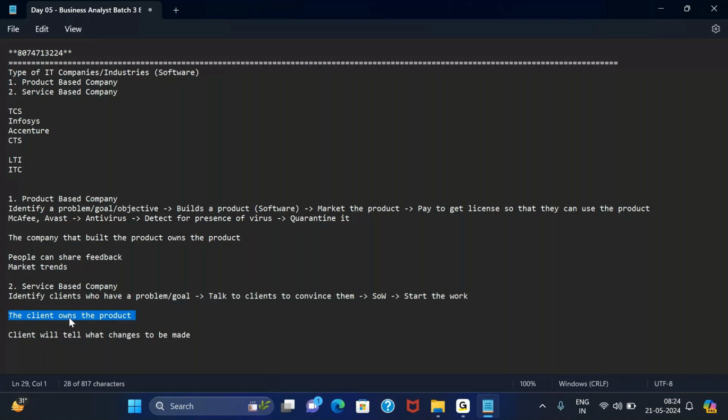Either the client will tell us what needs to be done, or if we come across a market trend or identify a potential improvement opportunity, we have to give a proposal to the client. The client has to agree and approve that proposal, and only then can we start working. So we will not be doing anything on our own.